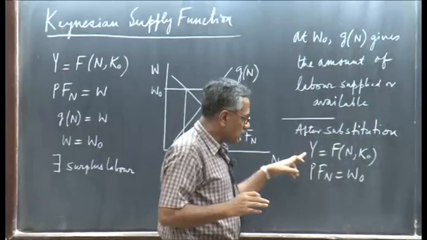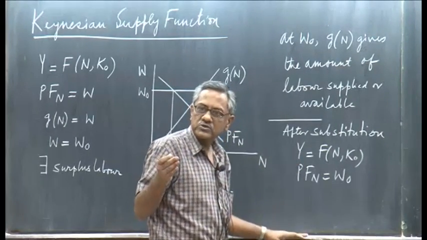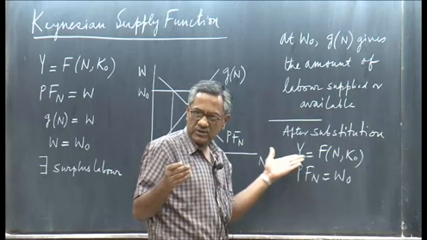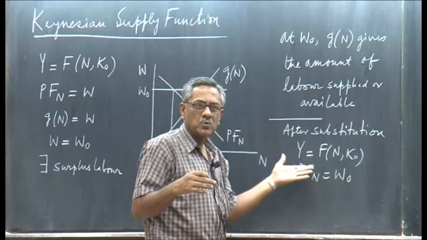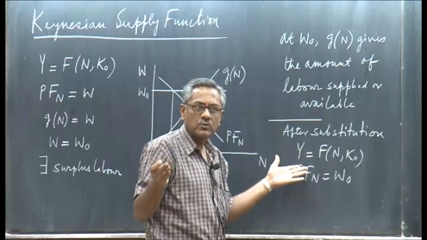Now, from these two equations, we should be able to obtain the aggregate supply function. Since we have not specified the functional form, linear or nonlinear, we cannot get the aggregate supply function explicitly.